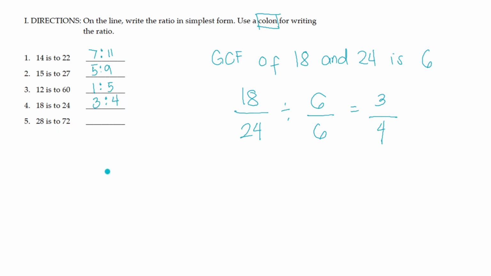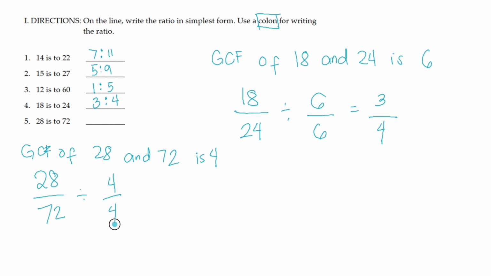Next is 28 over 72. Now, the GCF of 28 and 72 is 4. So, i-divide natin sila pareho kay 4. So, paano nyo ba malalaman kung yun na yung simplest form?